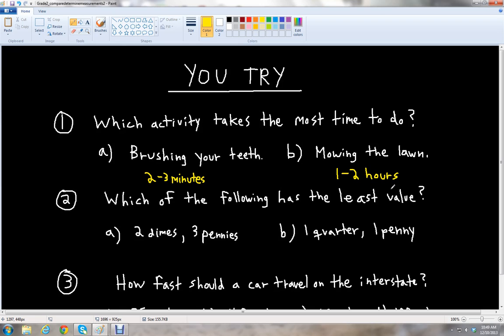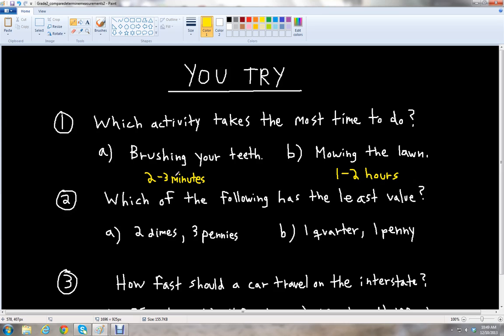You might not have cut the grass or mowed the lawn with a lawnmower before, or maybe you have. I personally did not learn how to mow the lawn until maybe I was in 3rd or 4th grade. So since you're in 2nd grade, you may not have done this before, but maybe you've seen your parents do it.